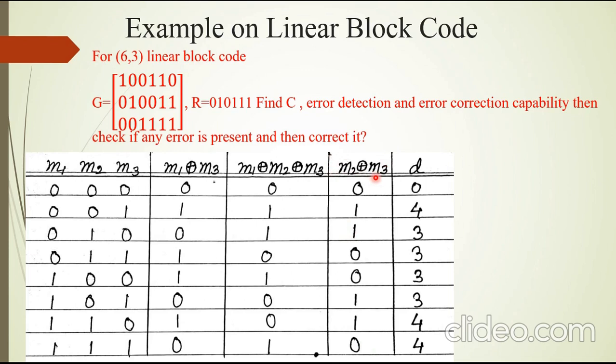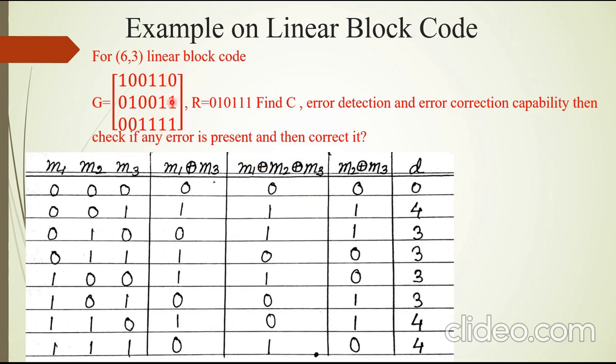So here I know M2 XOR M3. So M1 should be XOR with M2 XOR M3, because in this generator matrix the second column parity bits are 1, 1, 1.